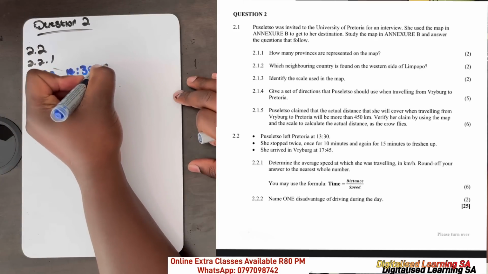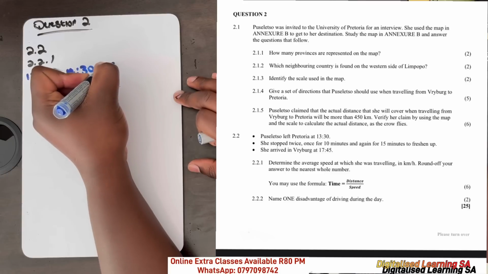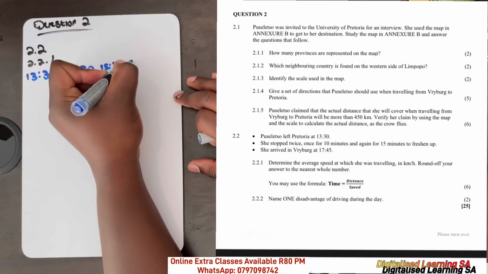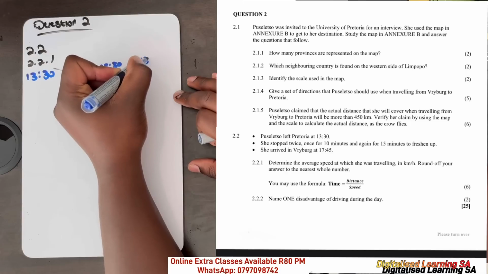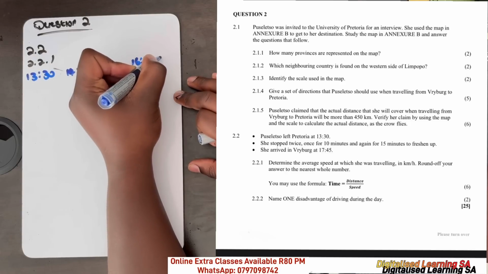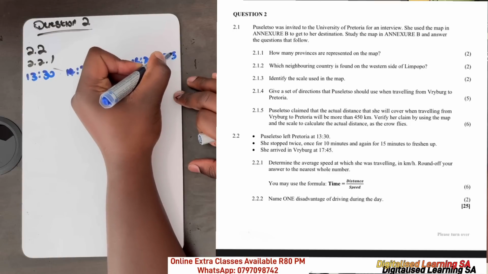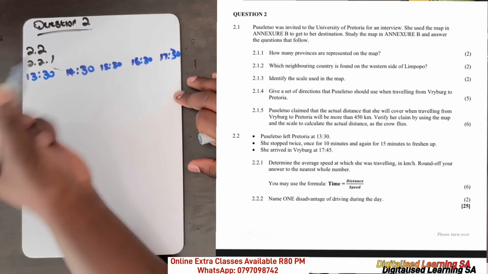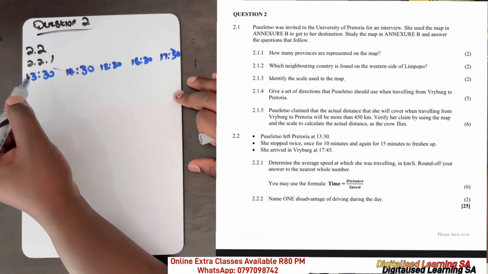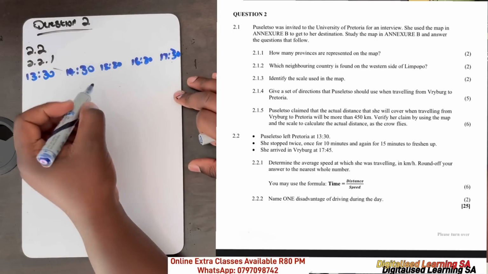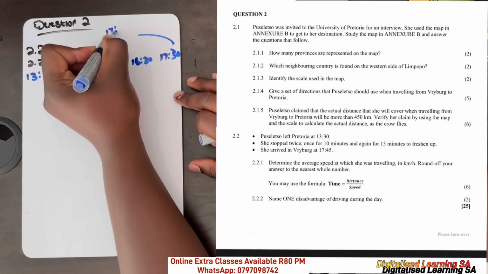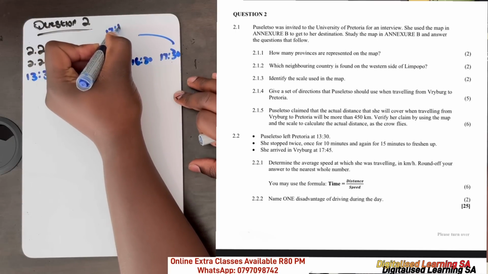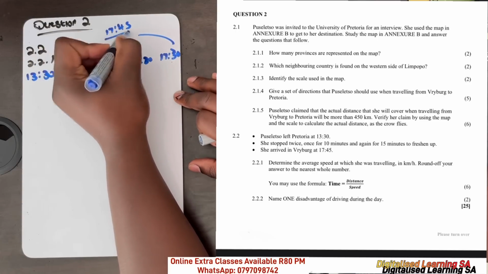Then 3:30, then 4:30, and then 5:30. And then from 5:30 to 17:45, that's an additional 15 minutes.